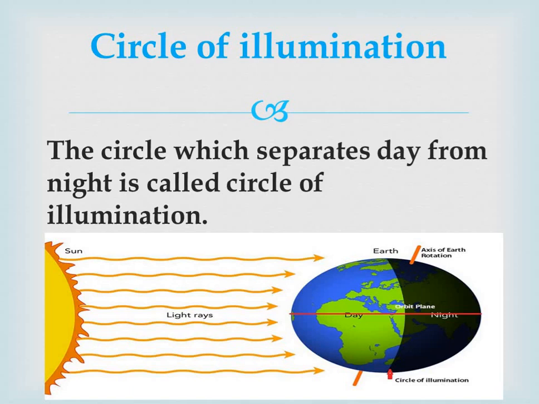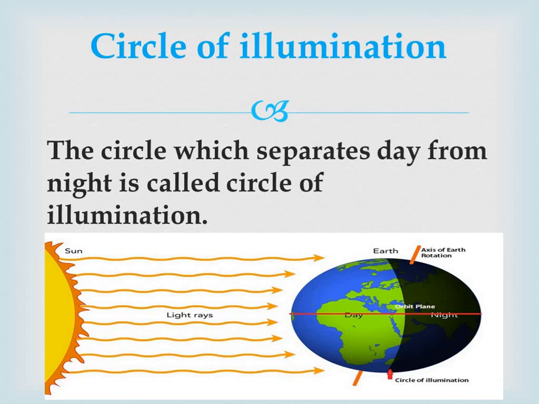You can see in the diagram that half portion of the earth is getting light from the sun. There it is day. And on the back side, where darkness is there, in that part it is night.